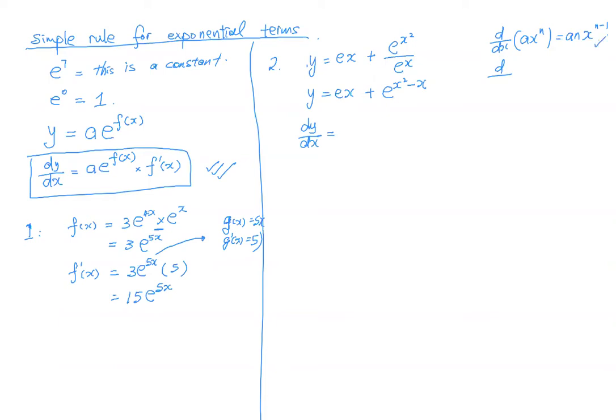The first one, what is the derivative? When you differentiate e to the power of x, you get e to the power of x, plus the second one, 2x minus 1. Copy down the whole thing first. Yes, 2x minus 1. So this is your answer. Are you okay?